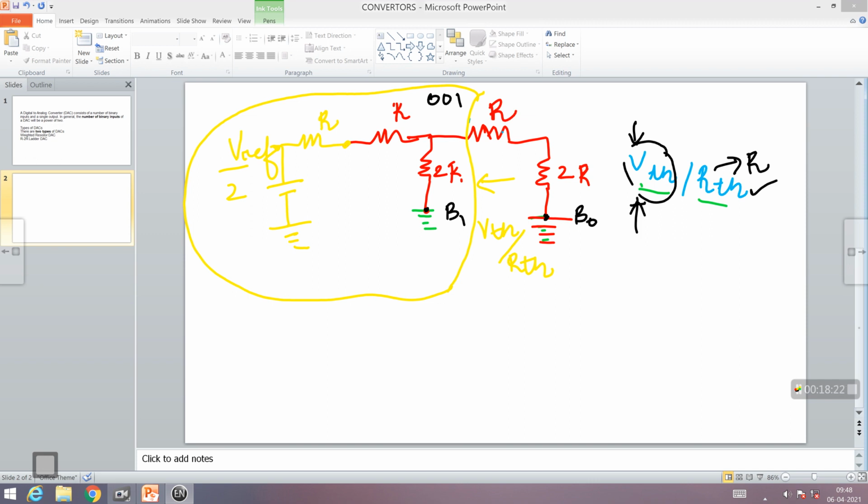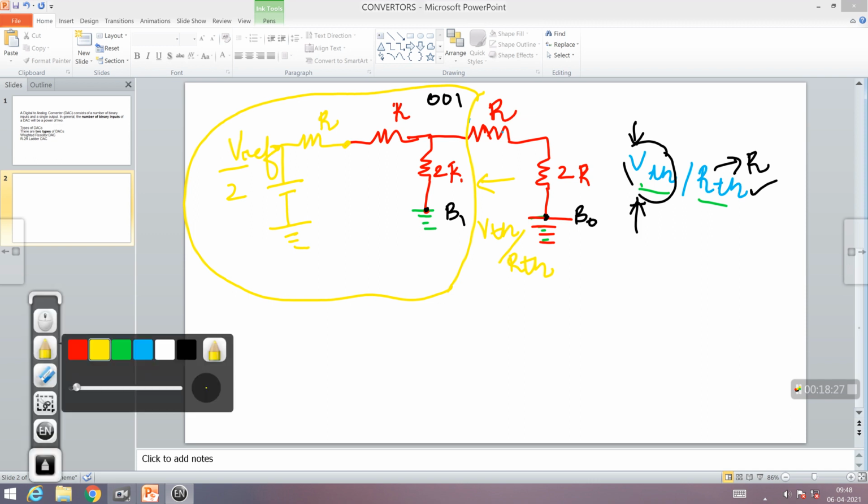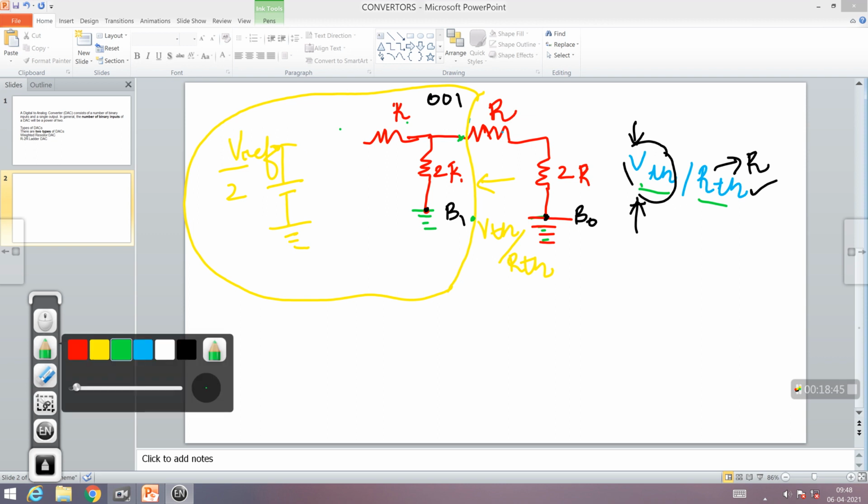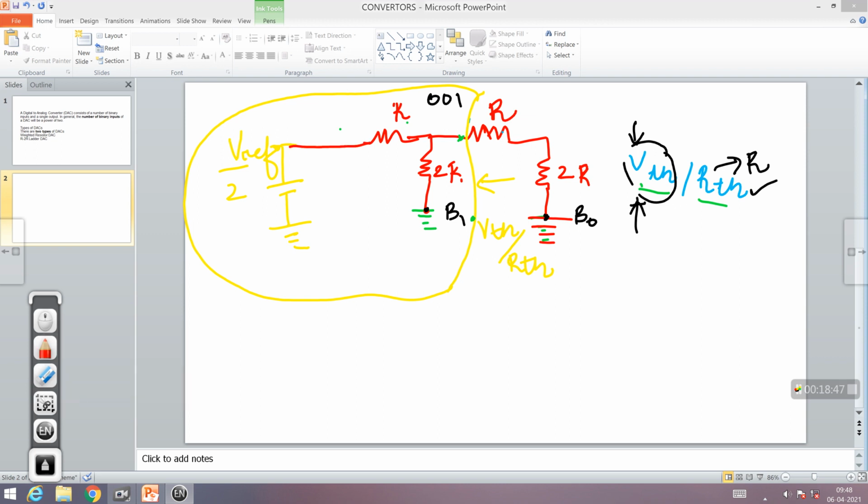I am going to find out the effective voltage at this point, and the effective resistance between these 2 points. If I notice, first of all, this R and this are in series. So I will replace them by a single resistor whose value will be 2R. And then I have to find out the effective voltage across this.